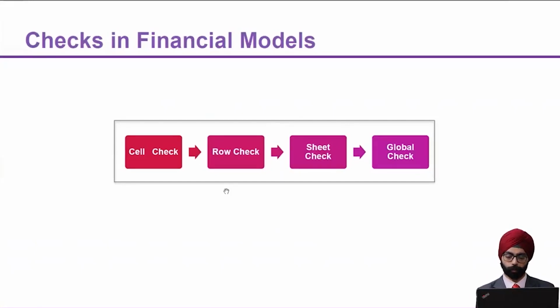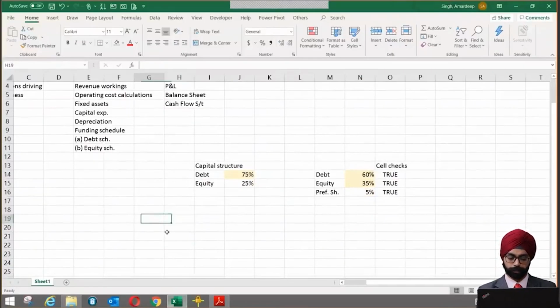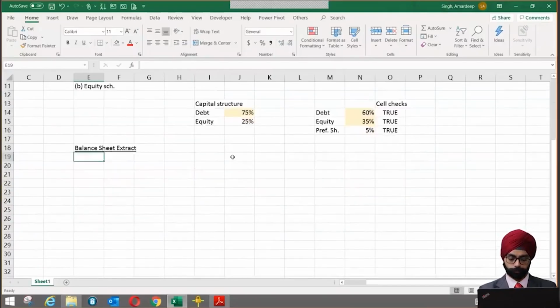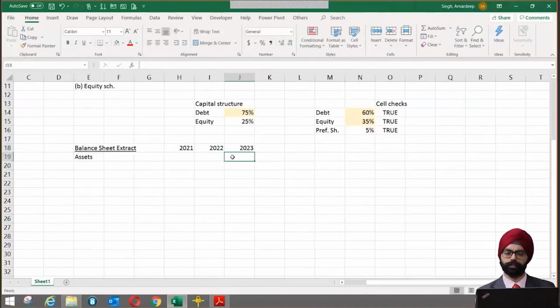Let's have a look at this in the Excel sheet. Let us assume I've got these individual checks here, that there is a balance sheet extract wherein I've got two sides. Number one, I've got total assets for say 3 years, like 2021, 2022, 2023. So these are the 3 financial years for which I've created a financial model.